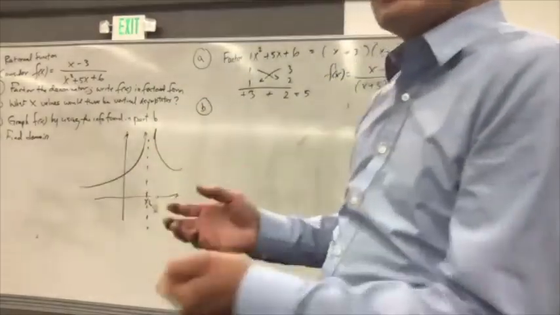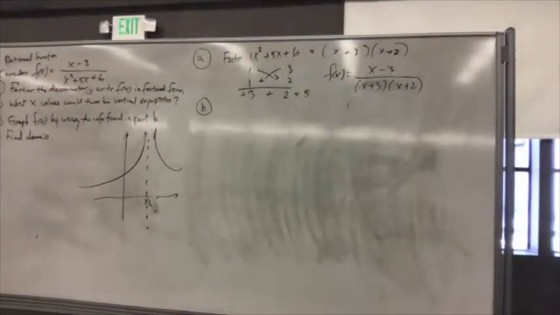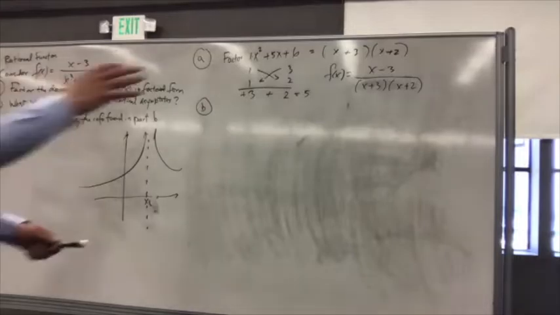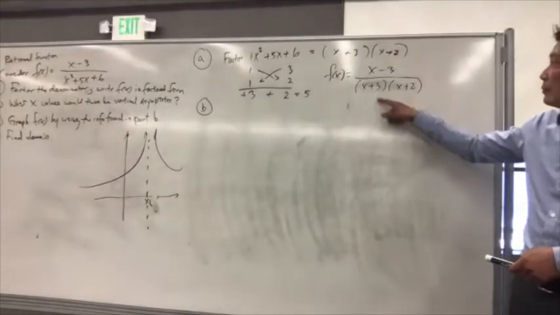Now, how do you make a rational function undefined? Whenever we look at a rational number, and we say it's an undefined number, usually it's what? The bottom of the fraction is 0, right? Something divided by 0 is undefined. So this function will become undefined if the bottom part becomes 0.